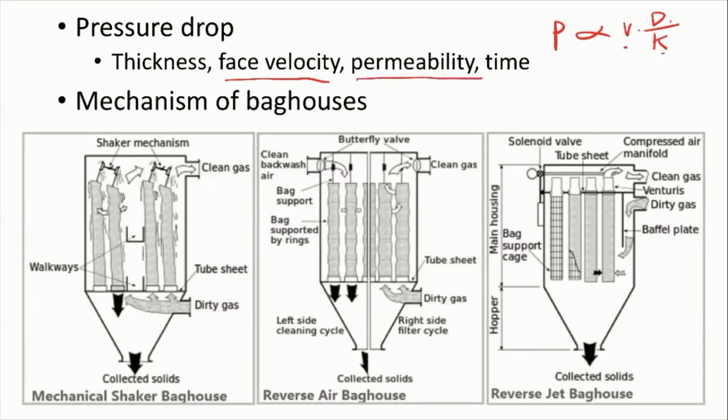So we also showed that the particle layer will get accumulated as time goes on, right? So if we get thicker particle layers, then we're going to have a higher pressure drop for the system, okay? So that's why we cannot operate the filter for a very long time. Let's say if you have an air purifier at home, it always recommends you to clean or wash the filter maybe after a month of operation, so you don't get the whole thing blocked.